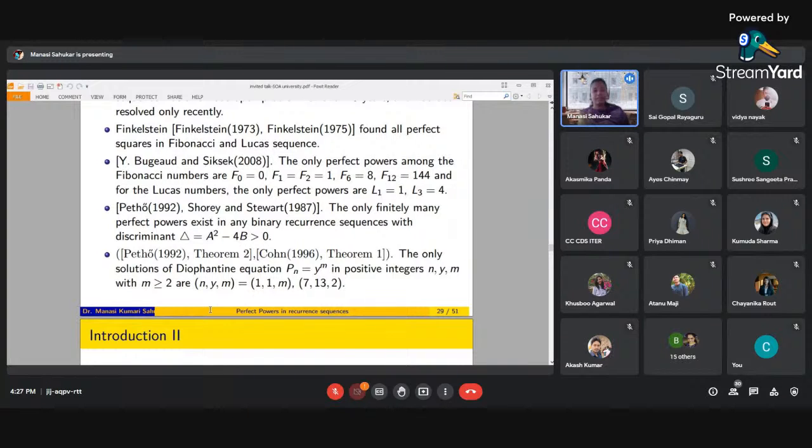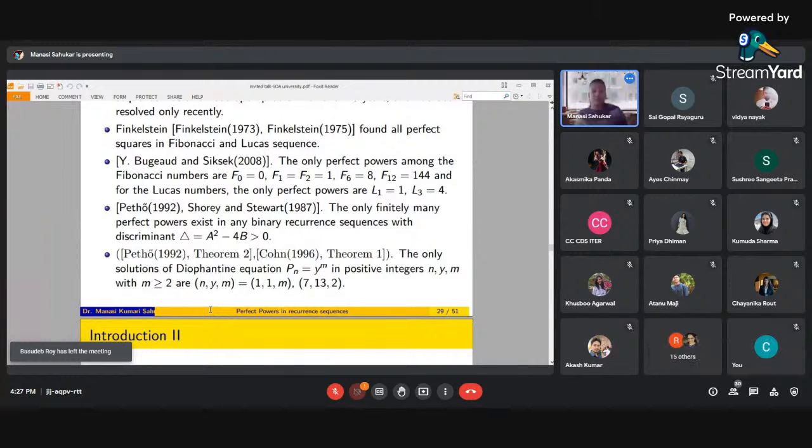Then, a little more particularly, for the Pell sequence: the Diophantine equation Pn = y^n, that is, perfect powers in the Pell sequence, has only two solutions.